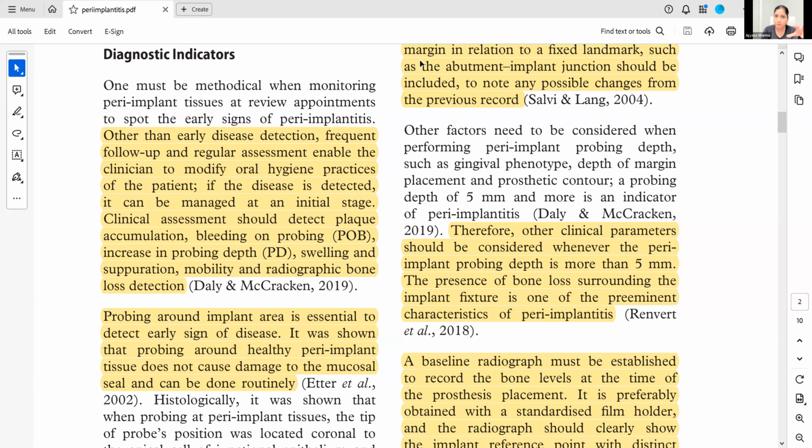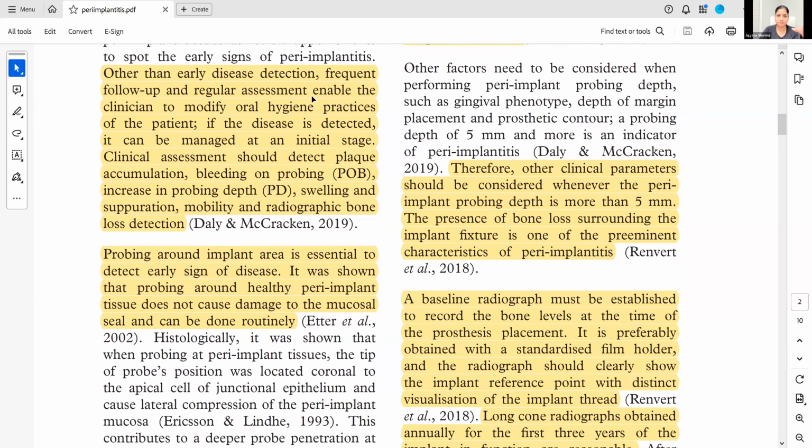When you assess the tissue, what are the indicators, what are the positive findings that will indicate the disease, how will you classify it, and what is the severity of that condition that will help you identify the treatment plan. So our motive today is to learn about the diagnostic indicators, then the diagnosis that comes with it, and for the various severities, the various treatment plans. So let's start with the diagnostic indicators.